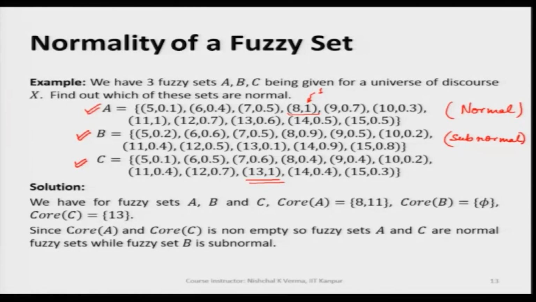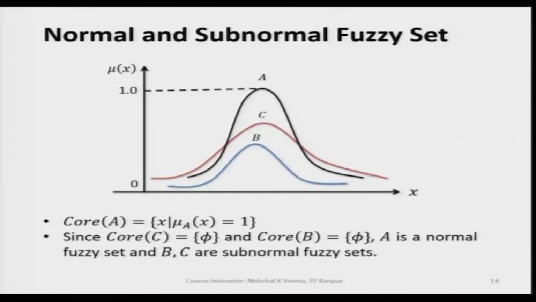That is why we can say C is a normal fuzzy set. This way we can clearly check the normality of a fuzzy set.